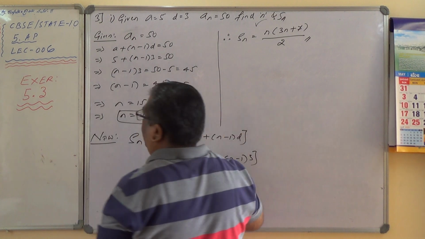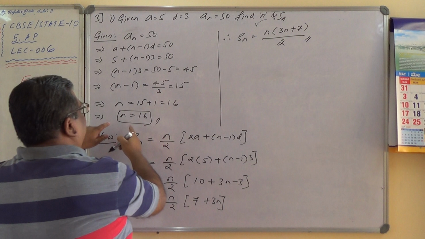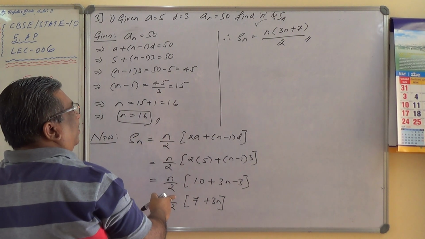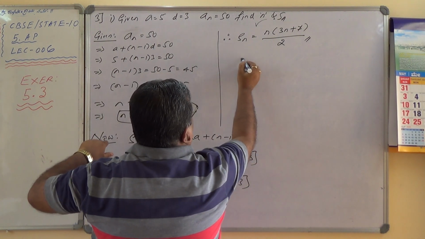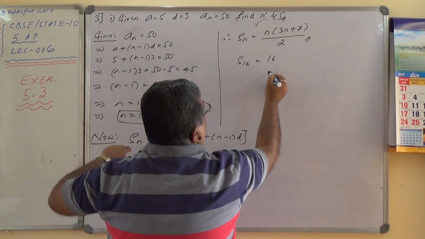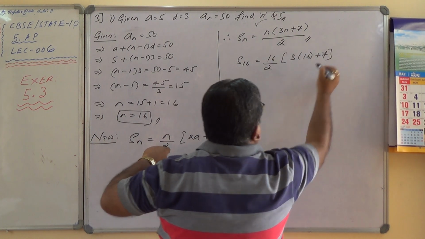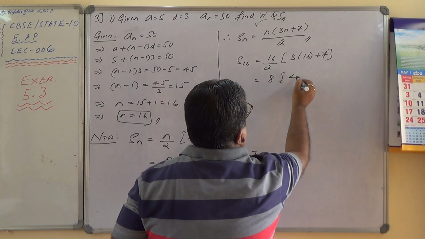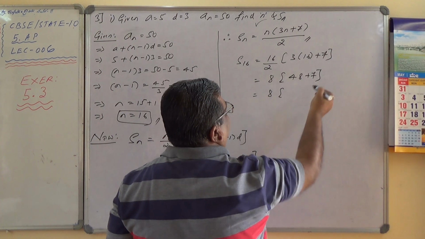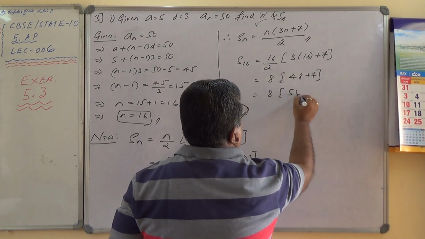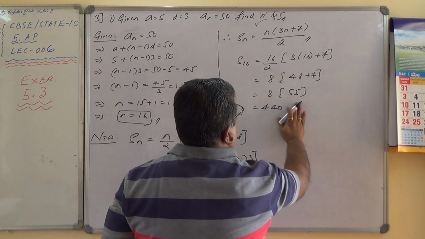If that is the question, is it given here? According to me, Sn is given and N is given. This much is enough actually according to me. But anyway, we will find out. Substitute N is equal to 16 and find out S16. 16 by 2, 3 times 16 plus 7. 8 into 48 plus 7. 8 into 55, 440.